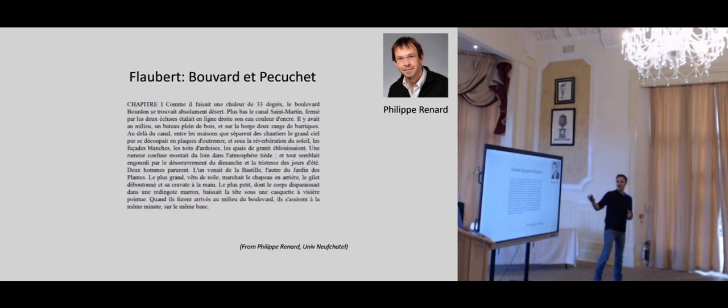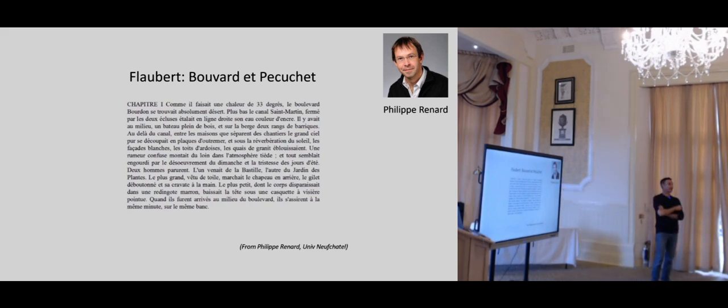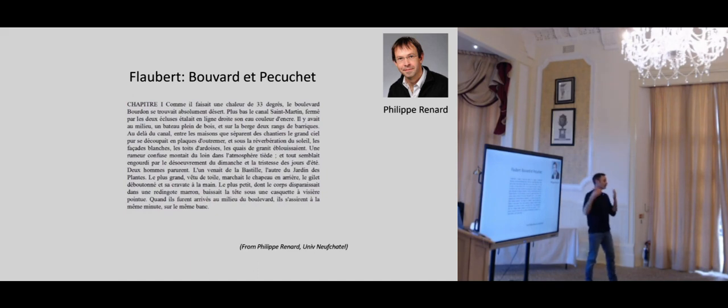So our training image, or our a priori information, is going to be a text, which here is a novel by Gustave Flaubert. So this is going to be French text generation. There is a full book, and the full book is going to be our training image.